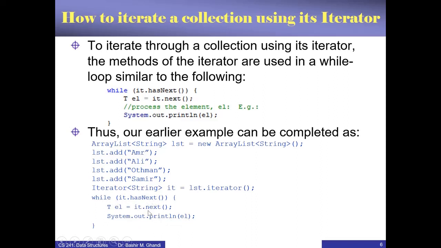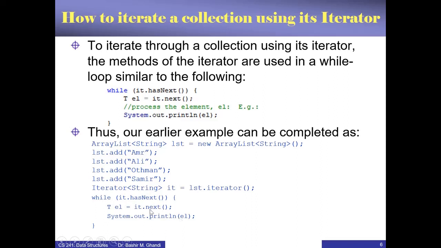If yes, it.next. So next is going to give us Ali. Print Ali, and then go back and ask, are there more? Yes, and you're going to get Uthman. Print Uthman. Go back, are there more? We're going to get Thamir. Print Thamir.